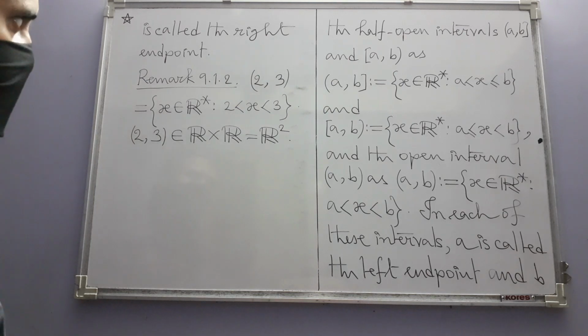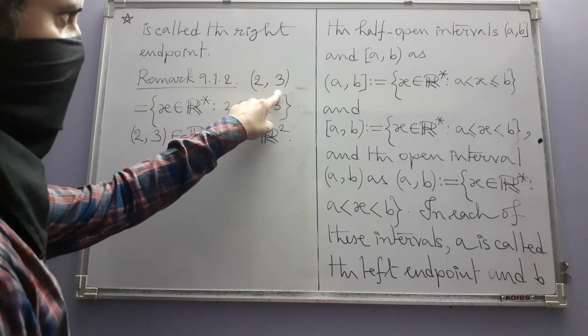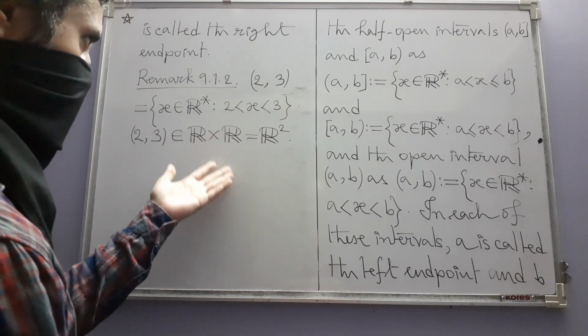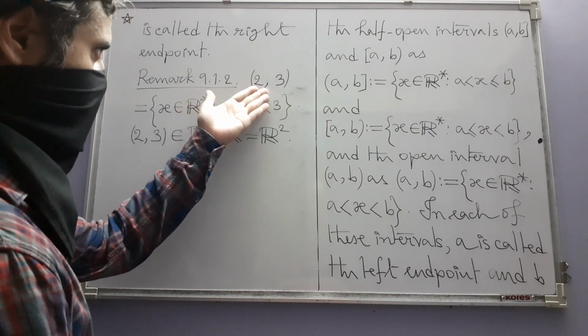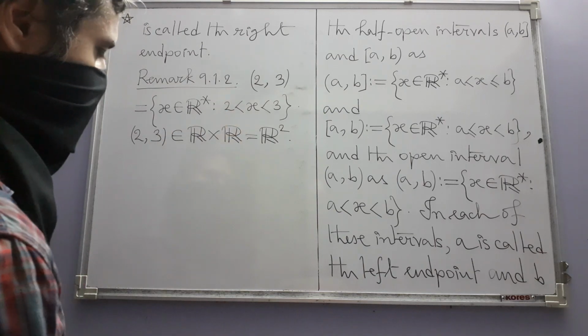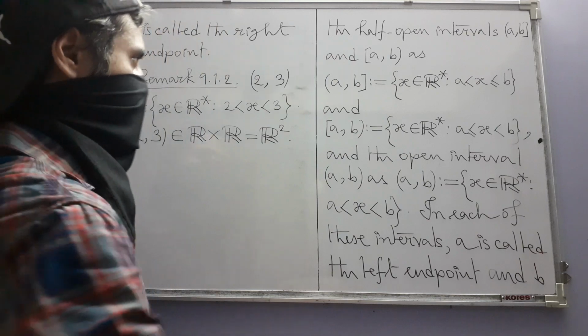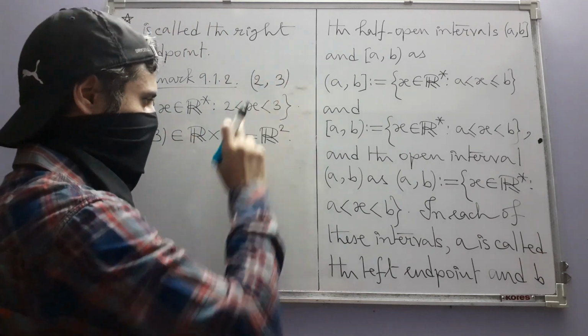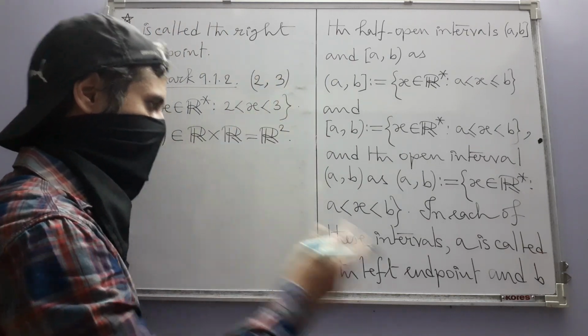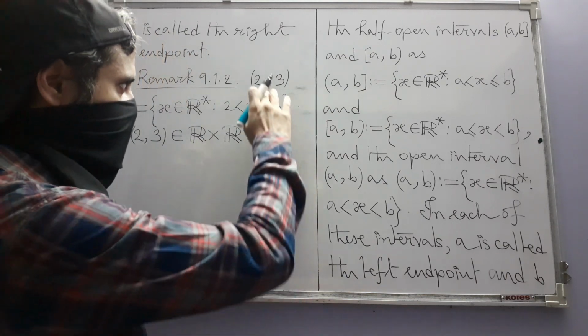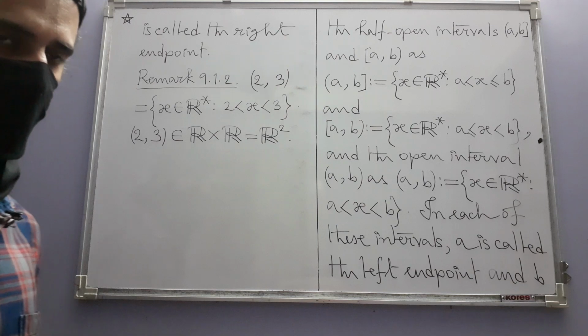Now, if just simply this symbol is given and nothing else is said, there is no way of deciding whether it has this meaning or this meaning. But usually such is never the case. Usually when you have such a symbol, it appears in a context, and from the context itself you will be able to figure out what the intended meaning is.